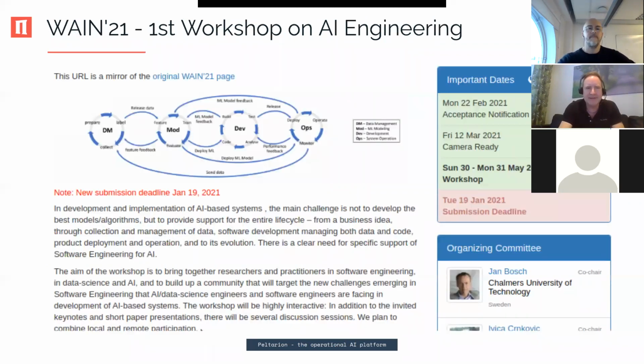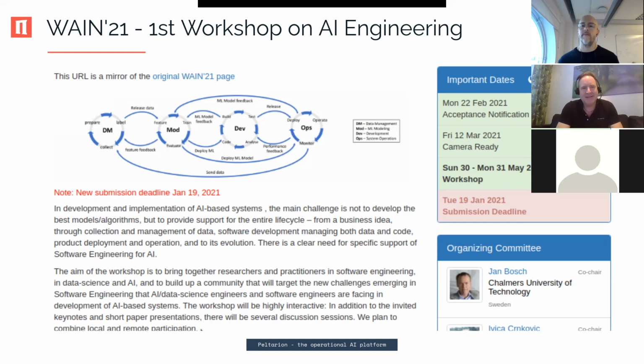And the last thing is this area, which some people have coined as AI engineering. I think it comes from Jan Bosch, the famous scientist from Chalmers. This is an area which is in the intersection of software engineering and AI.